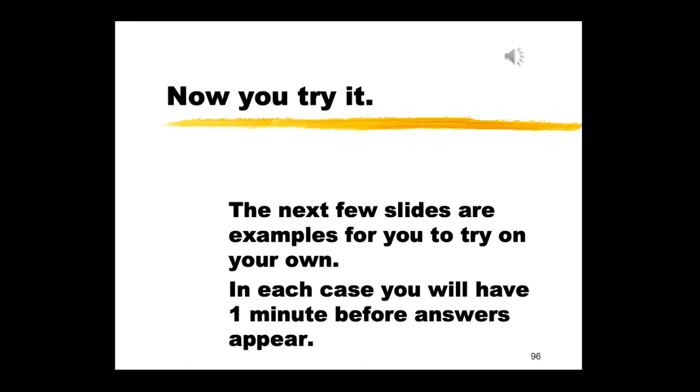Now it is your turn to try to interpret a few examples of EKGs.